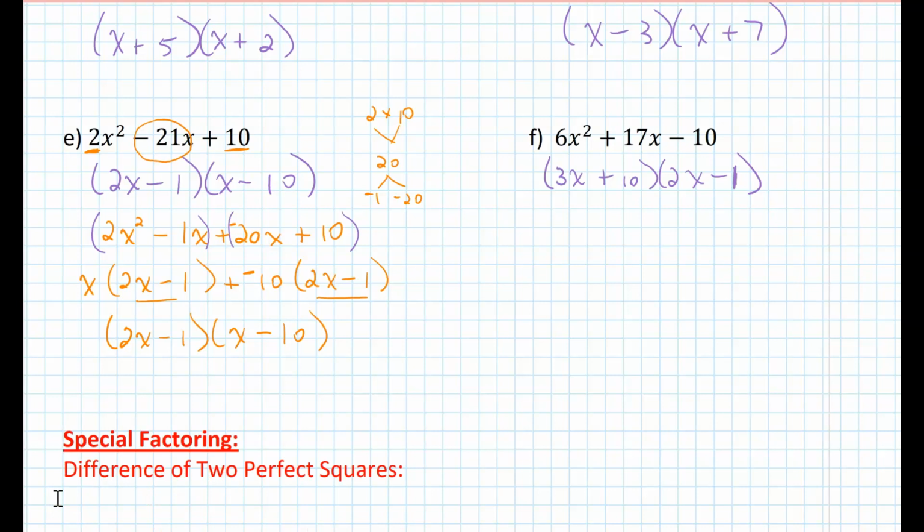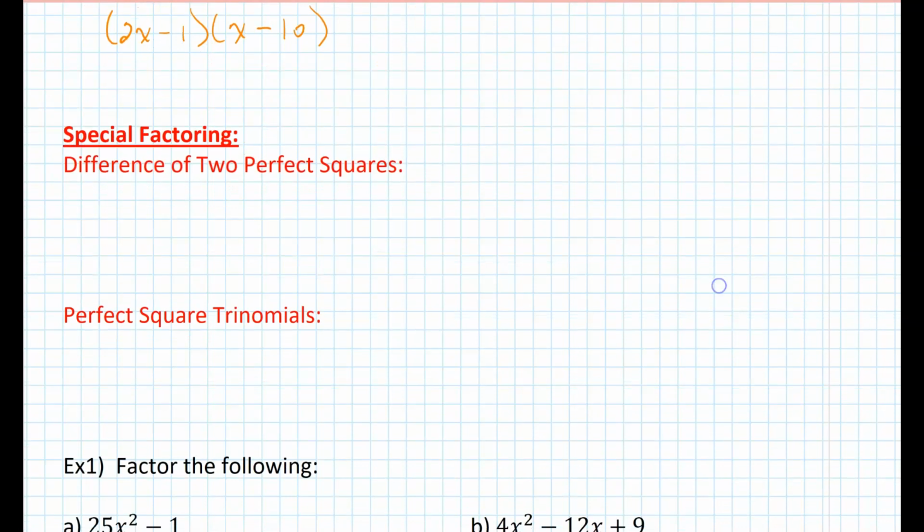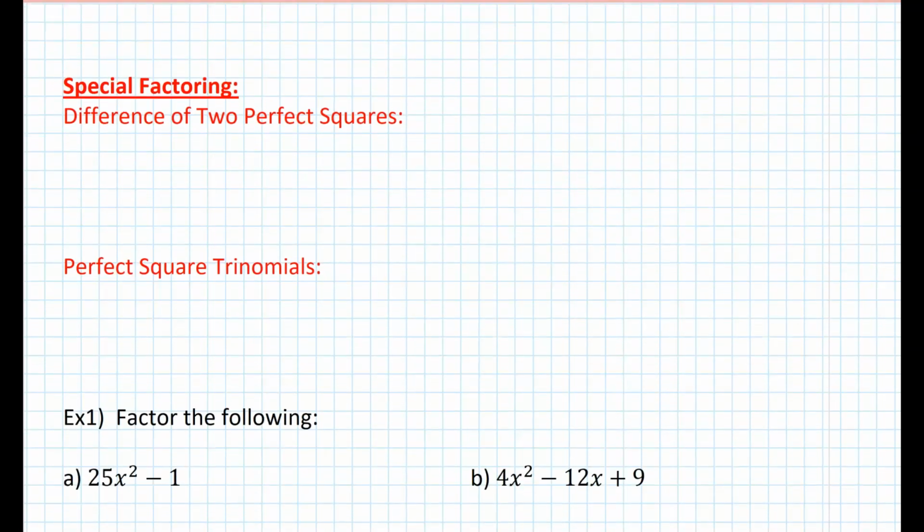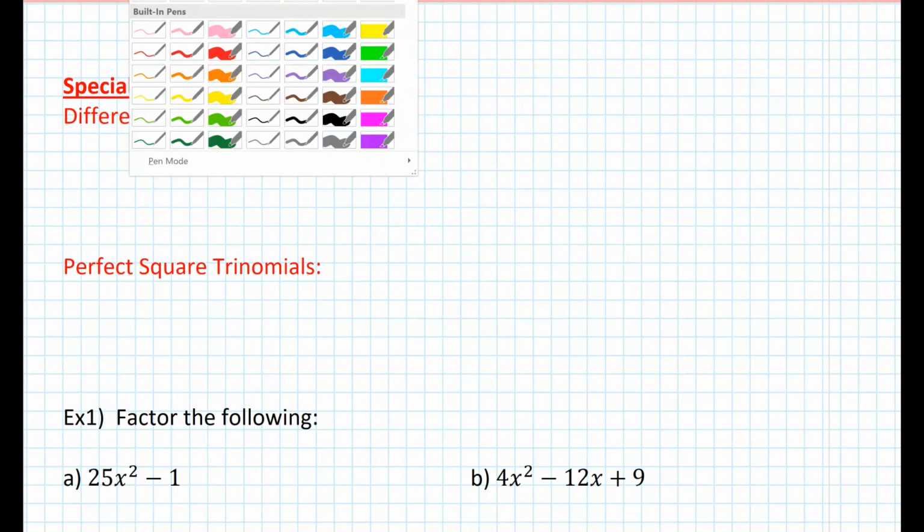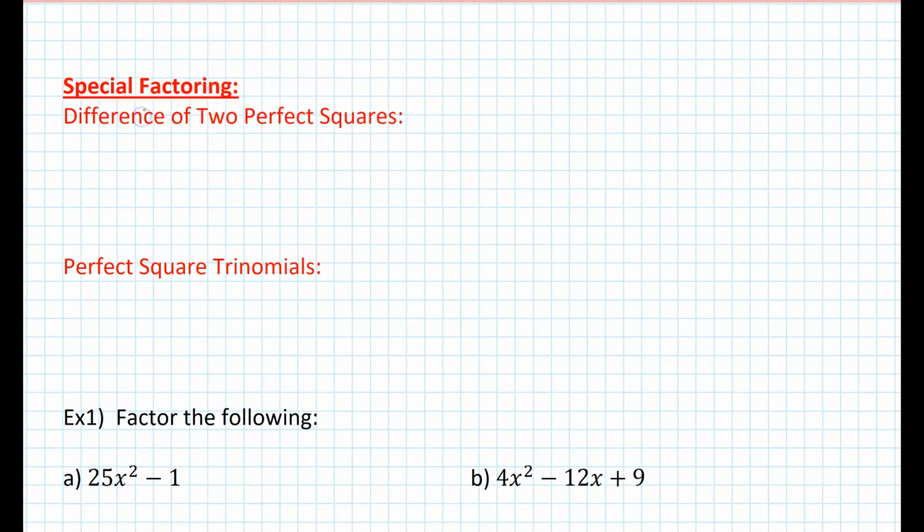Okay, so what we're going to look at now are these special factoring situations. So the first one is when we have the difference of two perfect squares. Right, so that would be like having a squared minus b squared.